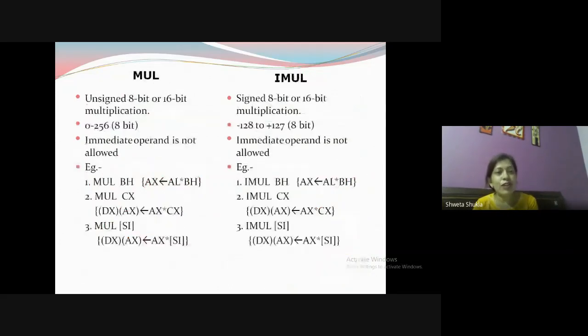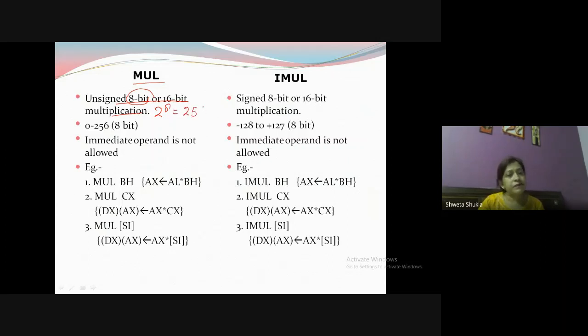Now the next instruction is MUL, that is multiplication or multiply, and IMUL means integer, or you can say signed multiplication. Now what happens in the case of MUL? If it is simple MUL, this means unsigned 8-bit or 16-bit multiplication. If we take 8-bit, 2 to the power 8 is 256.